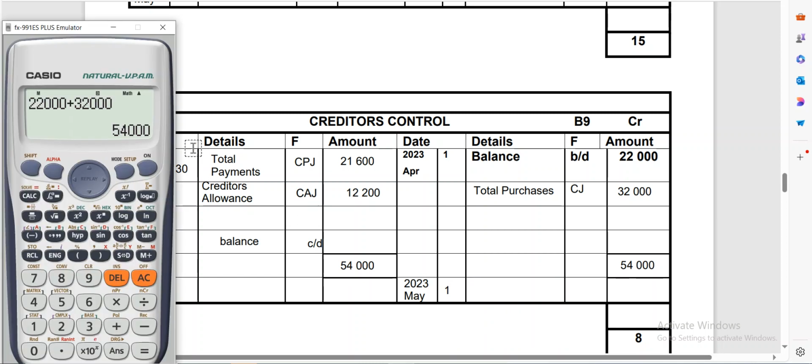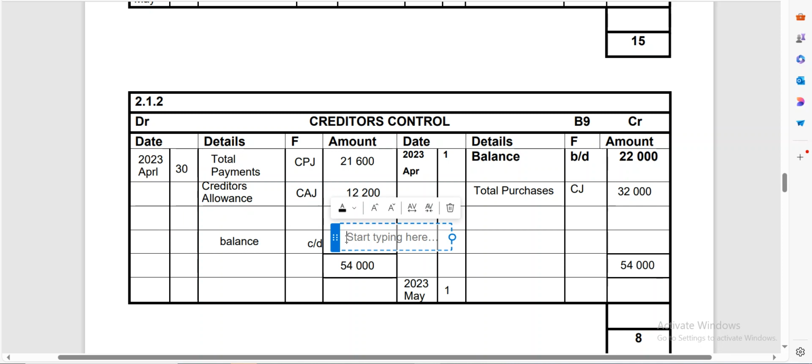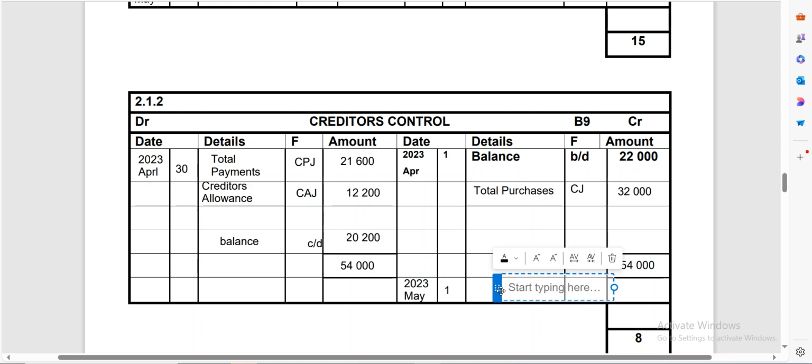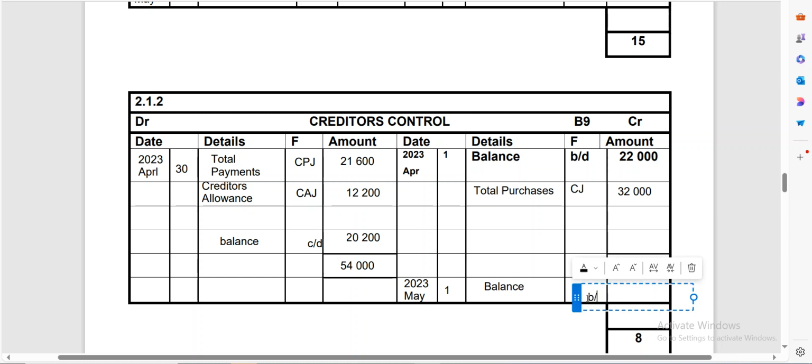So there's 54,000 minus 21,600 minus 12,200 gives us 20,200. So it means that our balance carried down will be 20,200, which will also be our balance brought down here: $20,200. So we are done with this lesson.